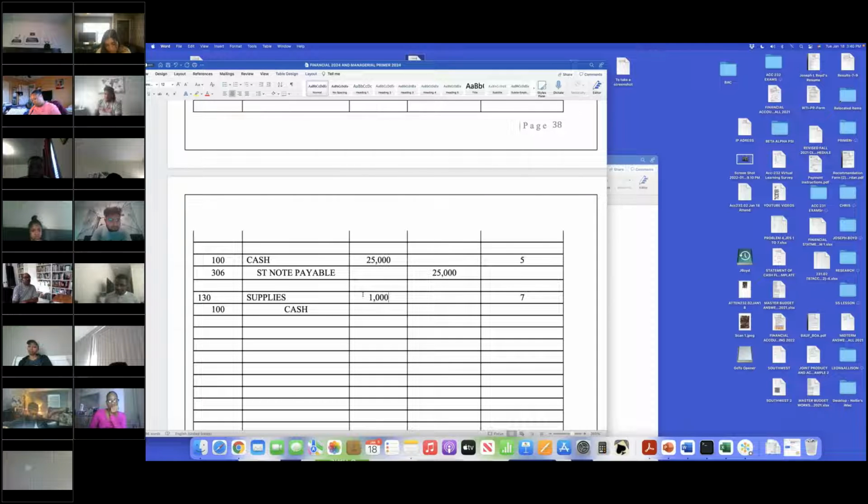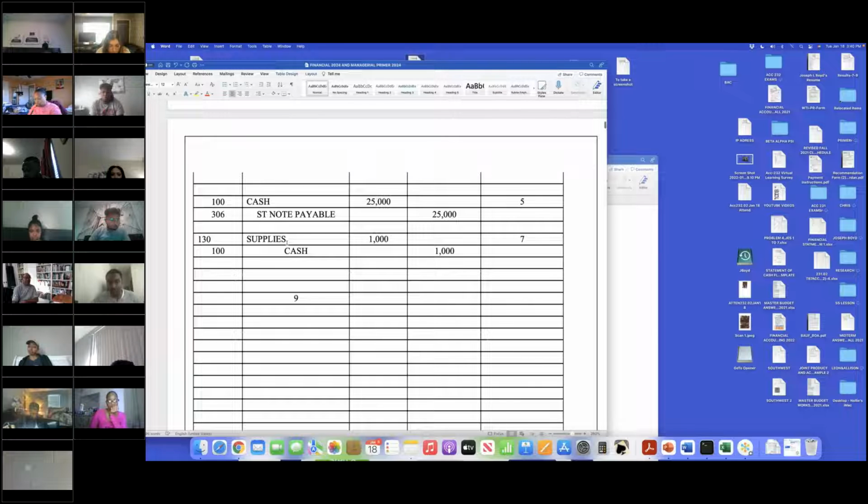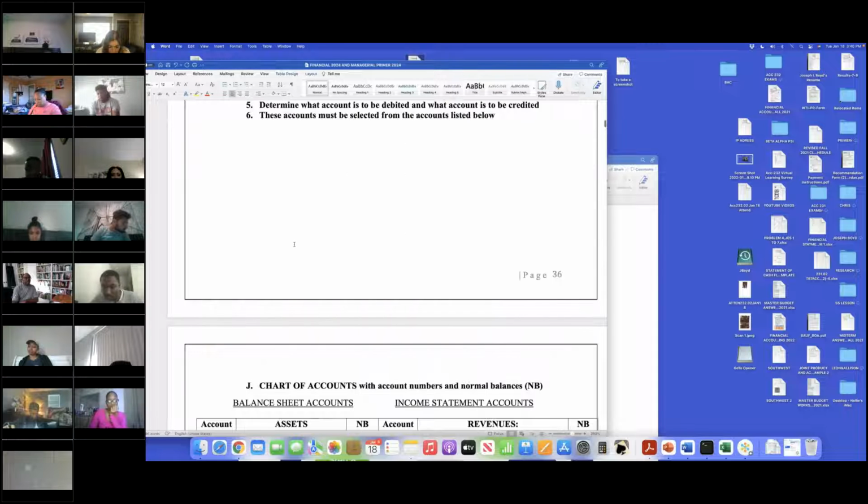Now I'm going to jump to number 9. Purchase supplies on account, 8,000. So I'm jumping to transaction 9. What's going to be our type now?